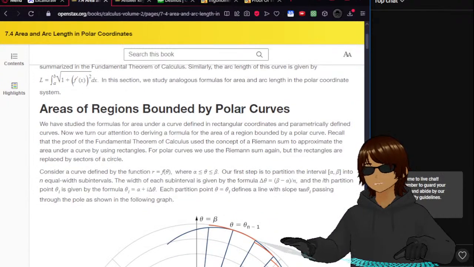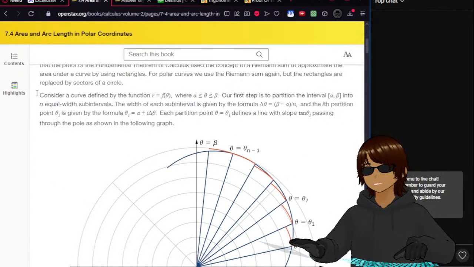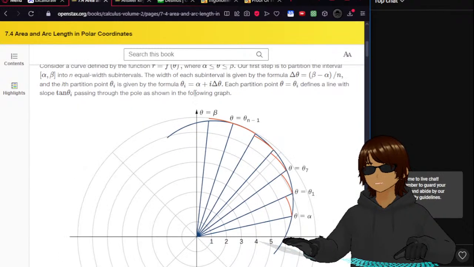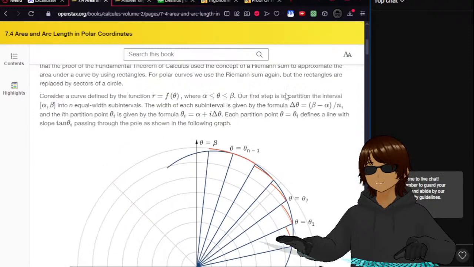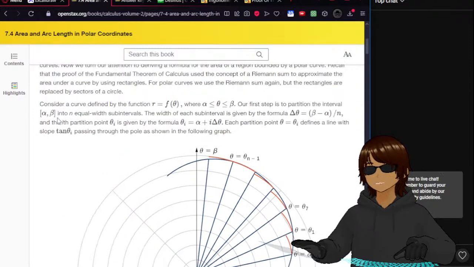Areas of regions bounded by polar curves. Consider a curve defined by the function r equals f of theta, where theta is between alpha and beta. So here to here. Our first step is to partition the interval into n equal subintervals.